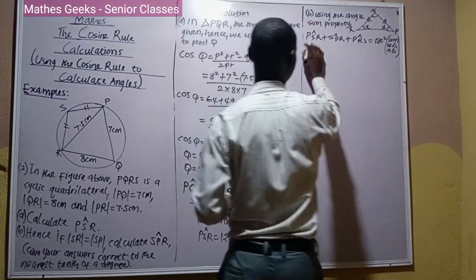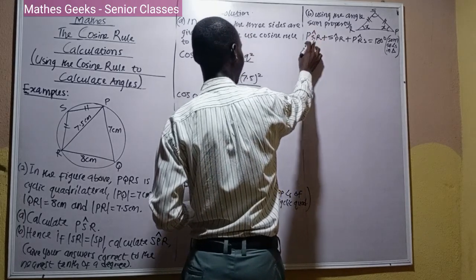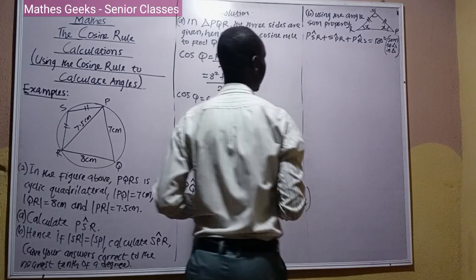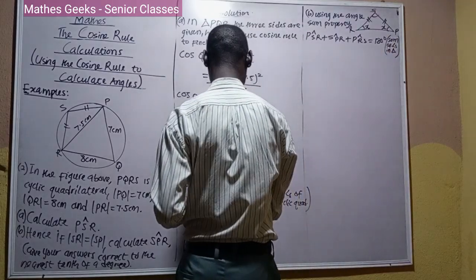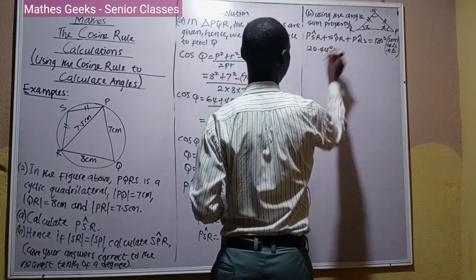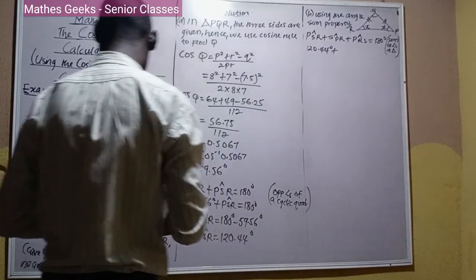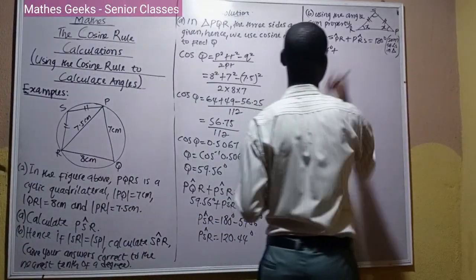So angle PSR. I told you earlier that anytime we use this notation, the middle letter is where the angle is. So angle PSR, the angle at S here, is equal to 120.44 degrees, plus angle SPR, which is what we are told to look for. So angle SPR is equal to x.